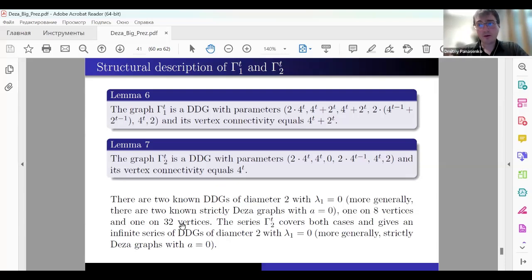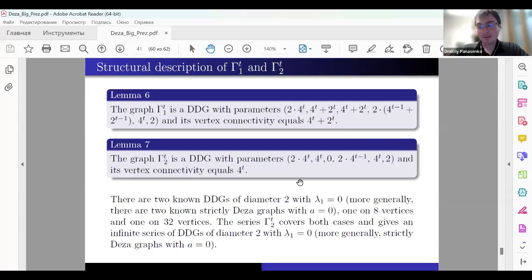Before this result on vertex connectivity, only 2 strictly Deza graphs with a equals 0 were known. So only 2 known graphs with a equals 0 and diameter 2.